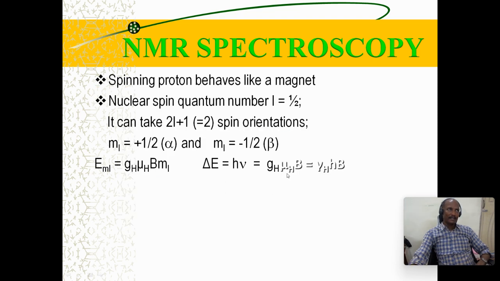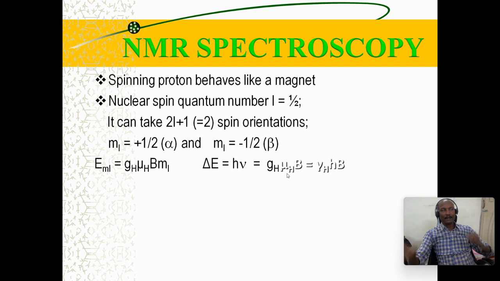Now here the spinning behaves like a magnet. The spin is behaving like a magnet, and here the nuclear spin quantum number is I equal to 1/2. Generally, it can take 2I plus 1 orientations. They can be called 2I plus 1 spin orientations.